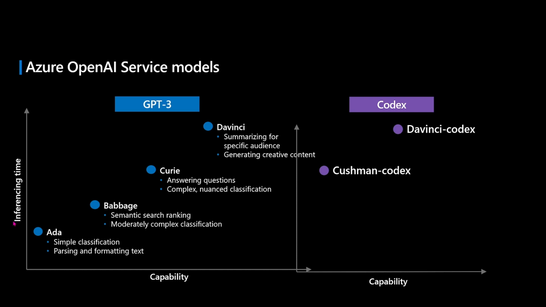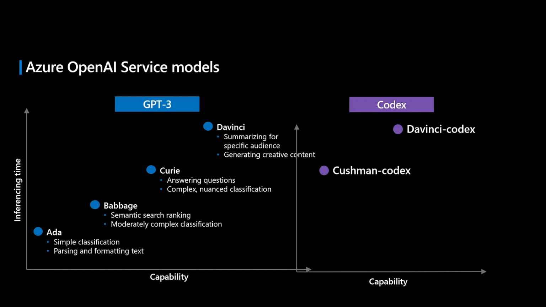And Ada finally is the fastest model and can perform tasks like parsing text, address correction, and certain kinds of classification tasks that don't require too much nuance. Ada's performance can often be improved by providing more context. Ultimately, Ada is great at parsing text, simple classification, address correction, keyword generation.